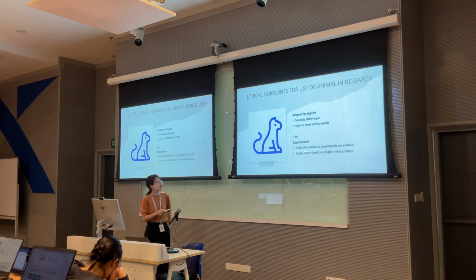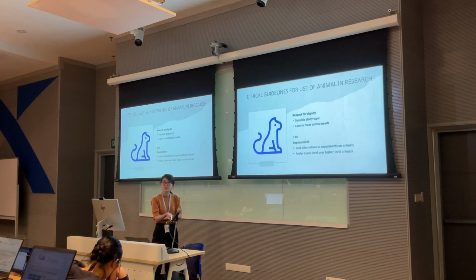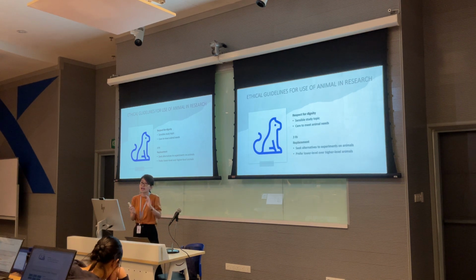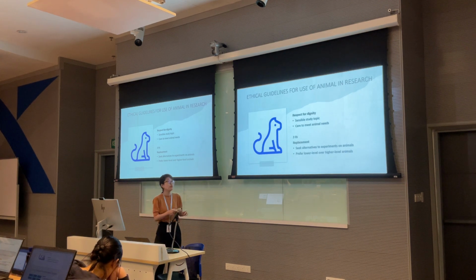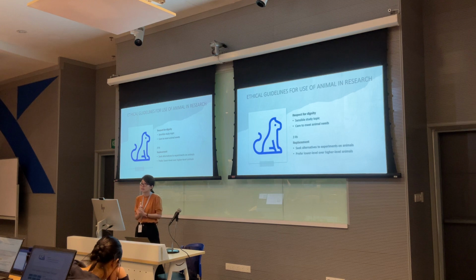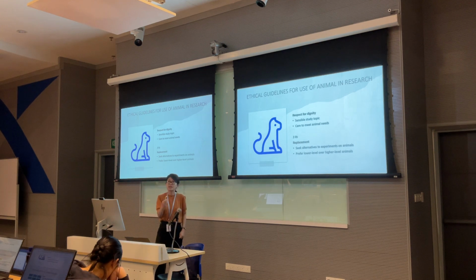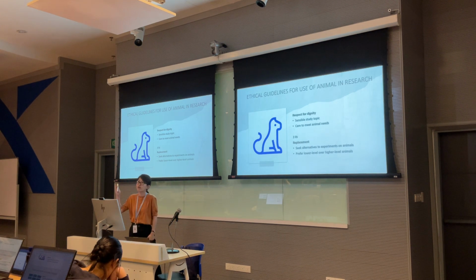Try to optimize your method and find an alternative method to perform your experiment, and prefer lower-level over higher-level animals. Meaning that usually we will prefer starting your research in mice, if it is unavoidable to use animals, compared to bigger higher-end animals like dogs, pigs, cats, or monkeys.